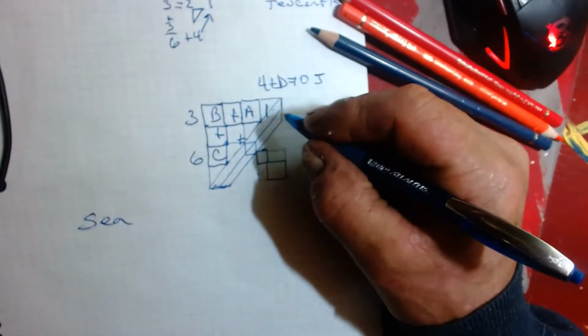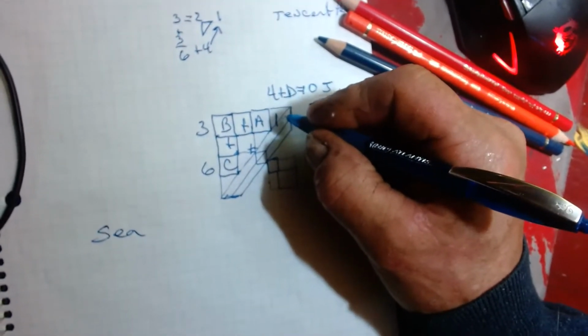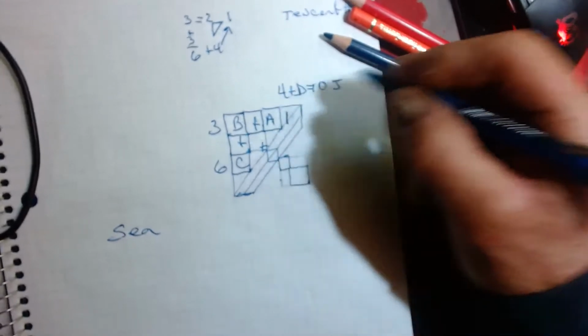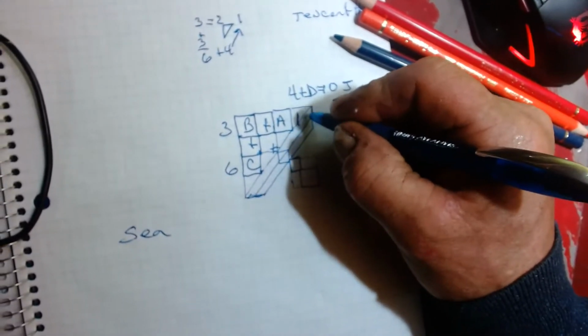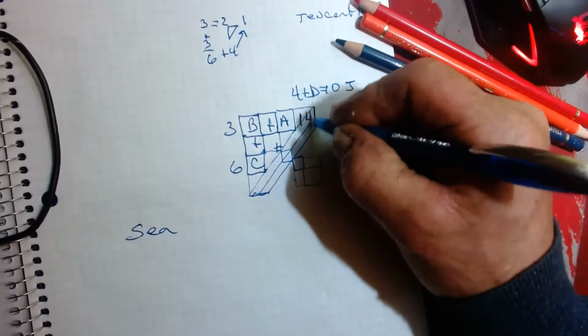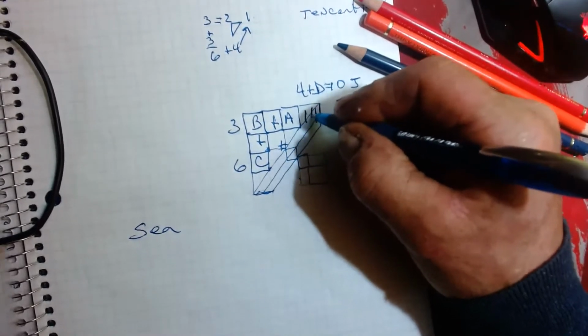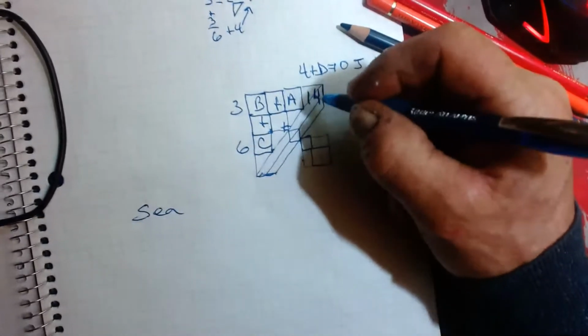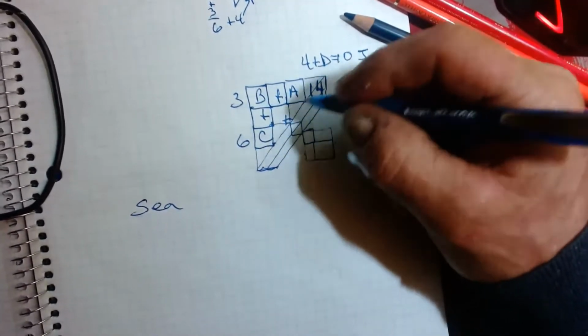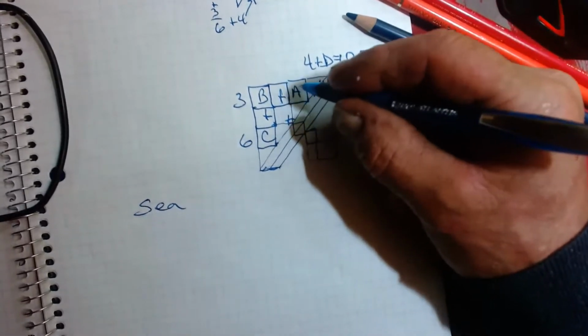So as we finish this whole design, we ended up on 4. Started at 1A, ended up on 4. Now you see the size problem I'm having right now. I went off the board.